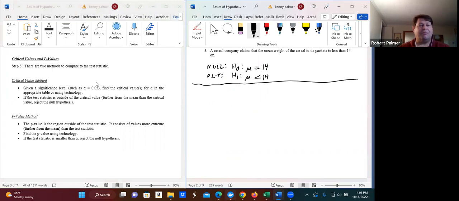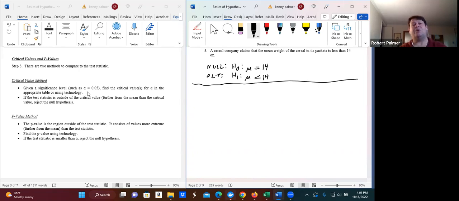Now let's talk about the critical value method first. We're going to focus more on the p-value method, but the critical value method is also a legitimate method. There are two general methods we're going to use. If you have a significance level, such as an alpha of 0.05, which corresponds to a confidence level of 95%, we find the critical value or values for alpha in the appropriate table or using technology.